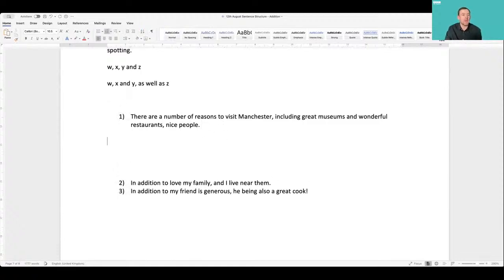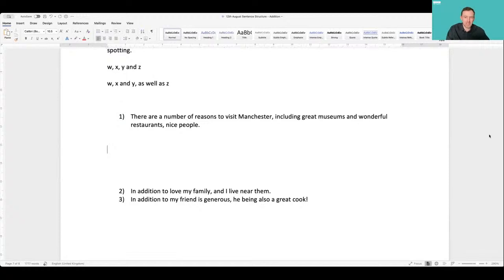It doesn't matter. Okay, there are a number of reasons to visit Manchester, including great museums and wonderful restaurants, nice people. Right. So wait a second. There are a number of reasons to visit Manchester, including great museums and wonderful restaurants as well as nice people.